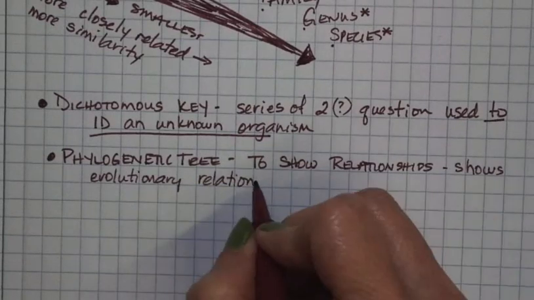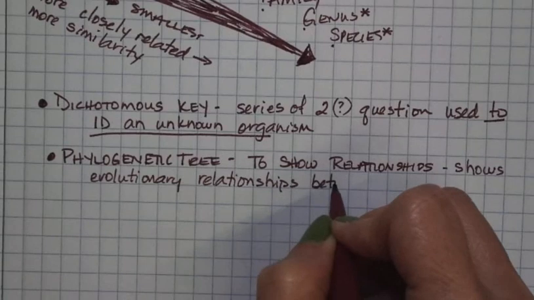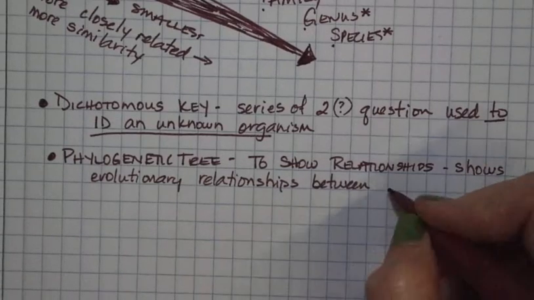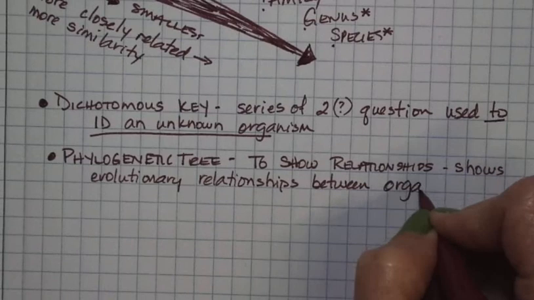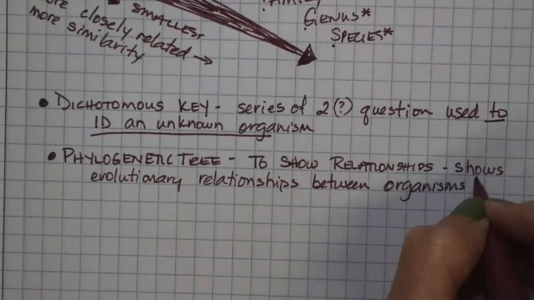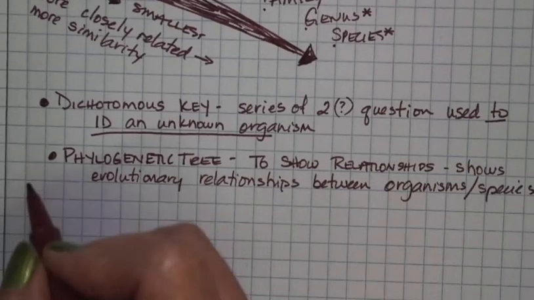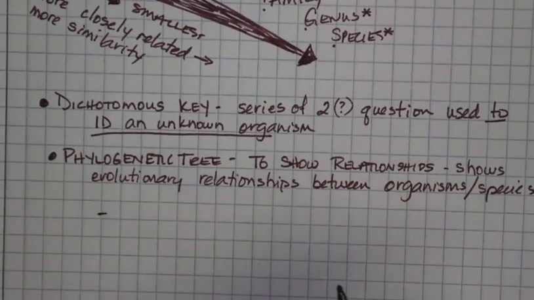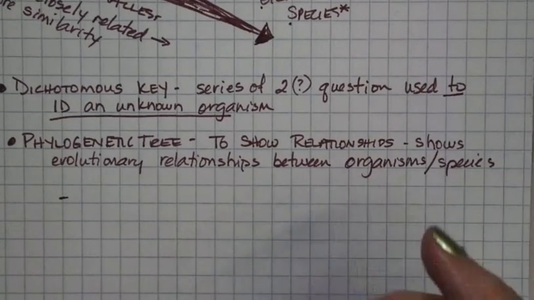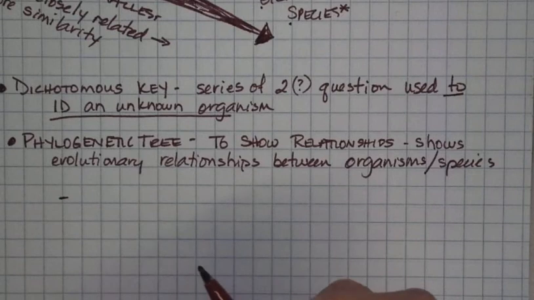It shows the evolutionary relationships between different species or organisms. And there's a very specific type of phylogenetic tree that not only shows that relationship, but is also organized by time. It's almost a timeline too. So how far back were they this closely related, and so on. This is called a cladogram.